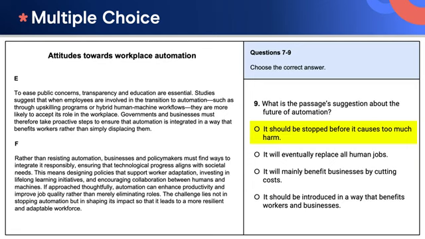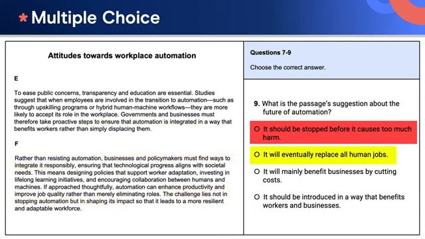In paragraph E, it mentions steps to ensure automation is integrated, and paragraph F mentions finding ways to integrate it responsibly and says the challenge lies not in stopping automation, but in shaping its impact. So even though there is mention of being cautious, this option is incorrect because it talks about not stopping automation.